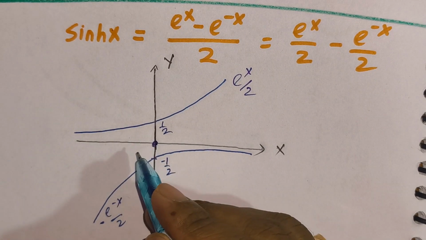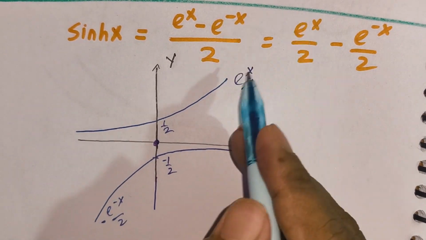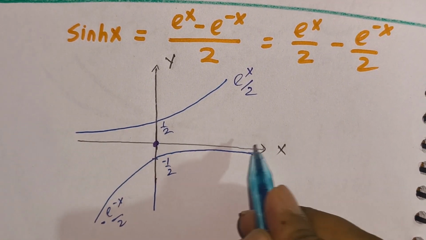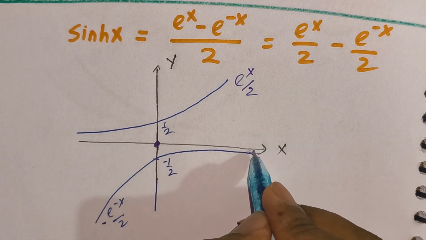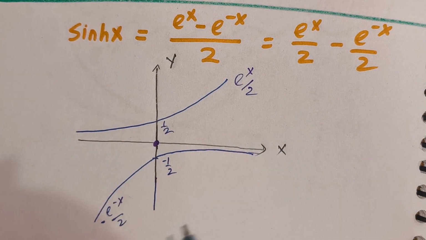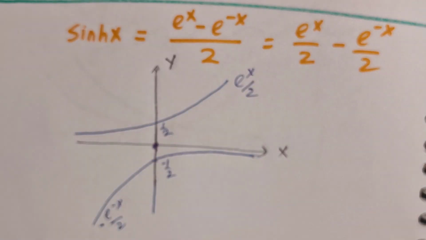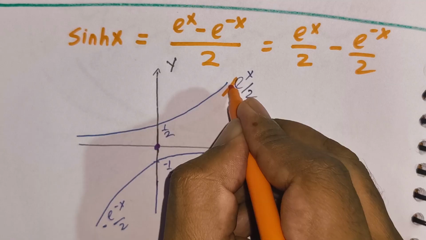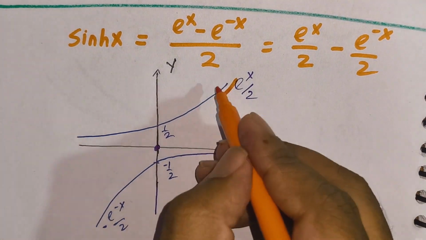And when you go for large x, this value gets bigger and bigger, and the e to the power minus x by 2 graph gets closer to 0, but on the negative side. So you are adding a small negative to this graph. Small negative to this graph means this graph will go closer and closer to this one, but will be at a lower height because you are adding negative values.